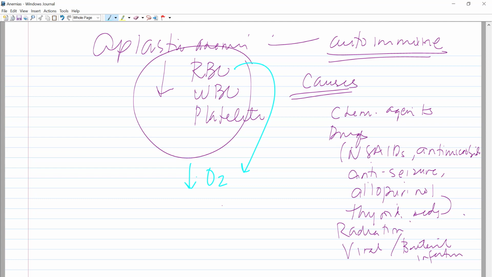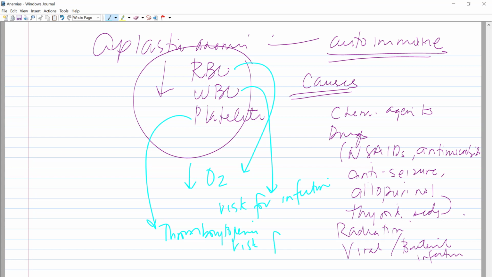For the WBC, again, that predisposes them to infection. Their risk for infection. So when you look at their temperature, there's a possibility that they have low-grade fever. And if there's a decrease in platelets, then your patient has thrombocytopenia. So your patient will be at risk for bleeding.